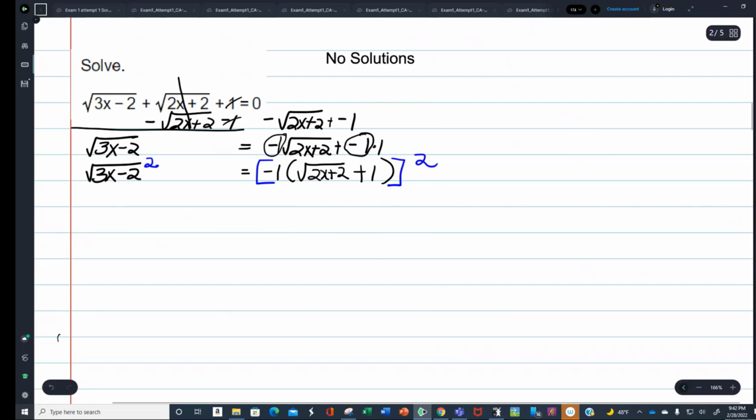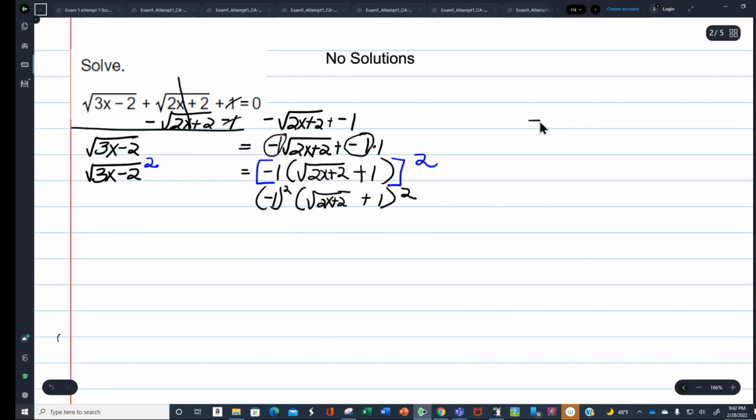And what that means for me is this negative 1 is going to get squared, and the parentheses, the square root of 2x plus 2 plus 1, parentheses closed, is also going to be squared. This way, that negative sign is not going to be messing me up.